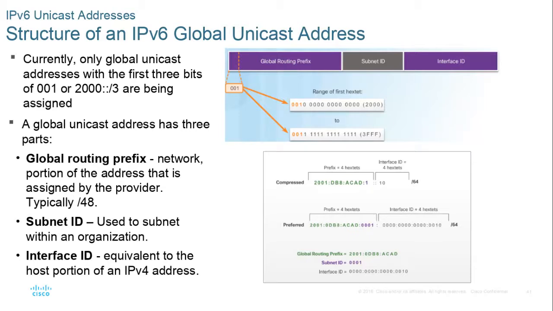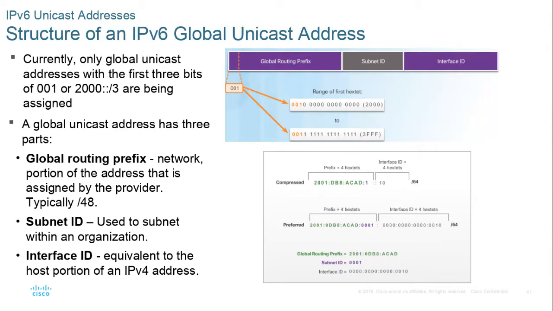So the global routing prefix, when you have a company and you get a bunch of /64 addresses, well, that's billions and billions of possible addresses. As a matter of fact, if you hook up the cable company and they support IP version 6, you're going to get 6 billion addresses. Doesn't matter that you only need 10 or 12. They're just throwing these things out like candy, wasting them.